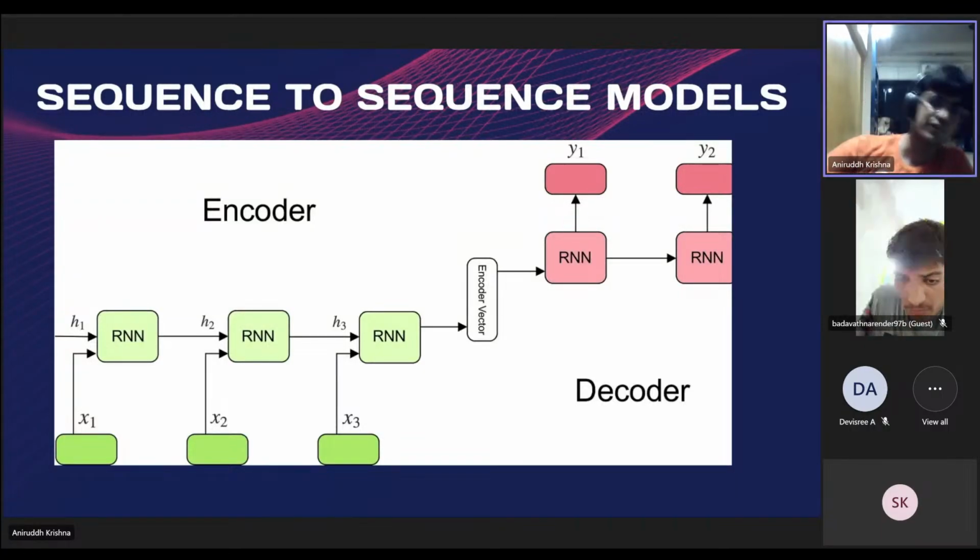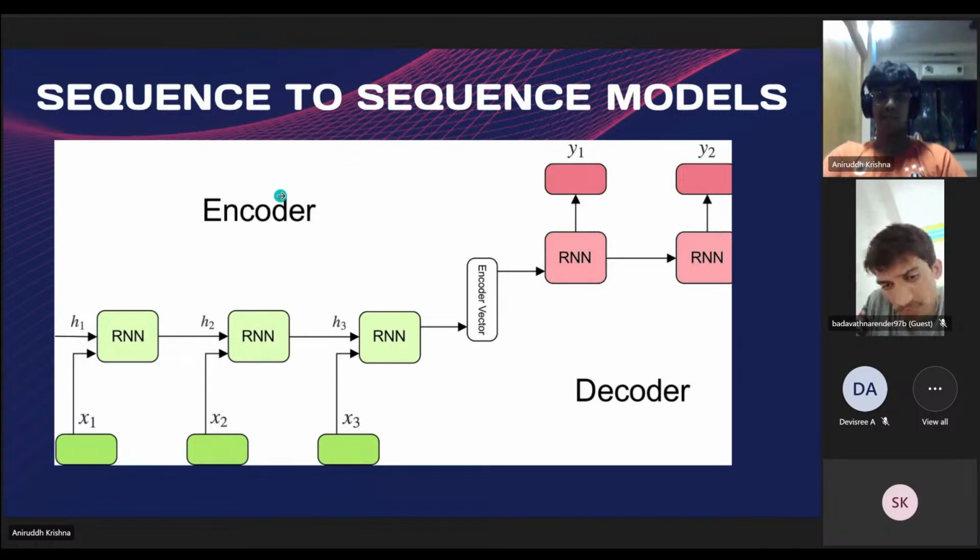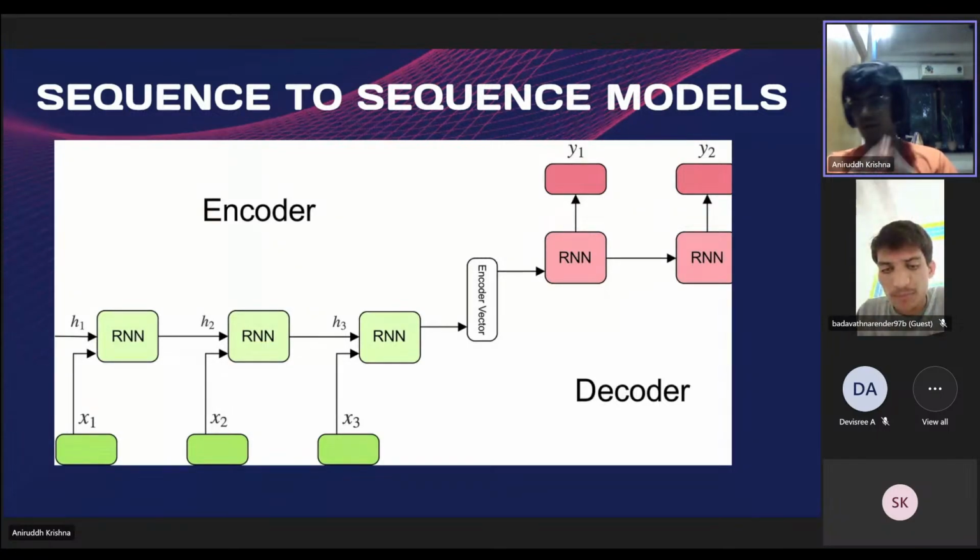Now, what's exactly an encoder and what's exactly a decoder? An encoder is basically one RNN or one LSTM, which takes in values of different lengths, and the final output is one single vector called the encoder vector, which contains all the information that it has got through inputs, hidden states, and all.